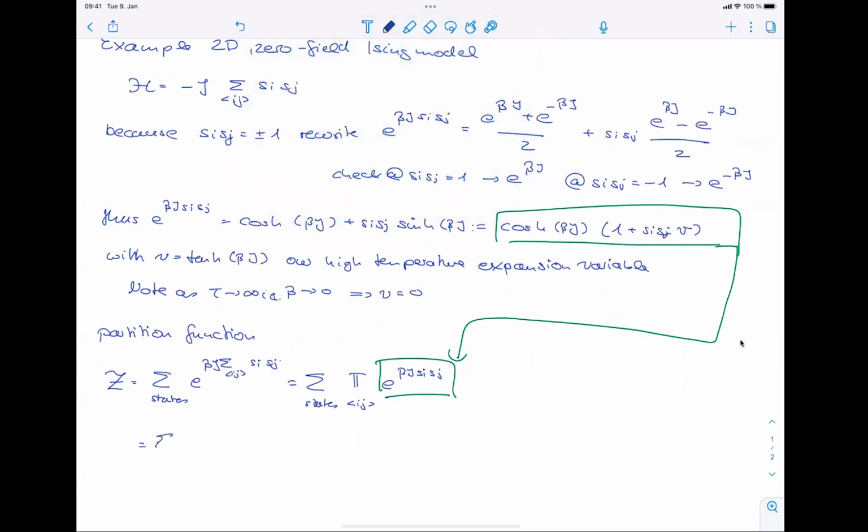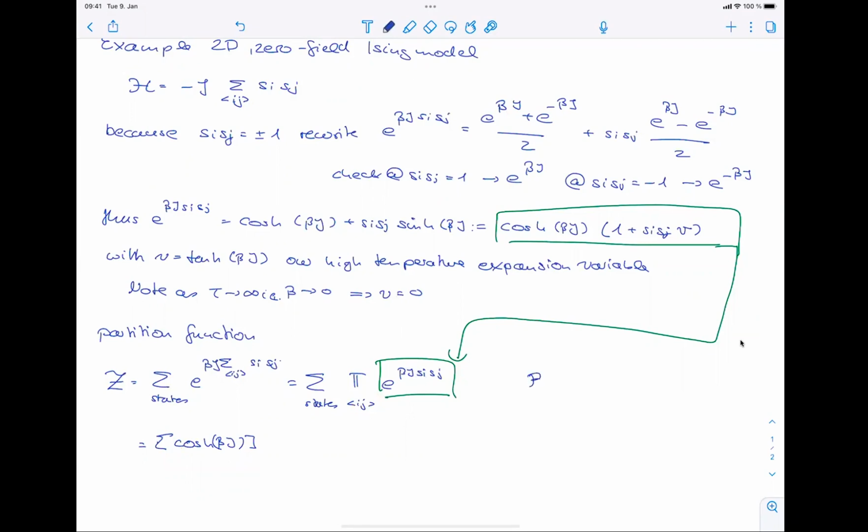So we arrive at, we have a prefactor cosh beta J that we're taking the product of, like we're taking of the number of interactions between i and j that we would be summing over, right? So the number of times that I'm multiplying this prefactor with itself is just to the power of the number of bonds, right? Because that's what we're doing. We're just summing over the number of bonds here.